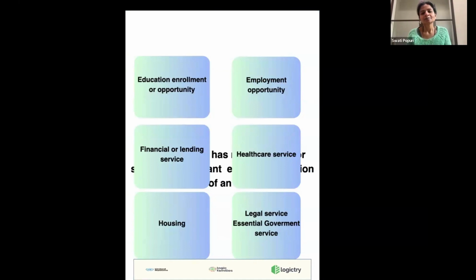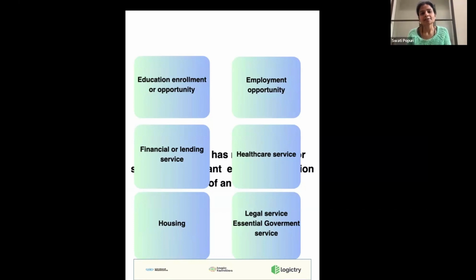Okay, so what exactly is a consequential decision? A consequential decision talks about the provision or admission or denial of an individual into one of these sectors.